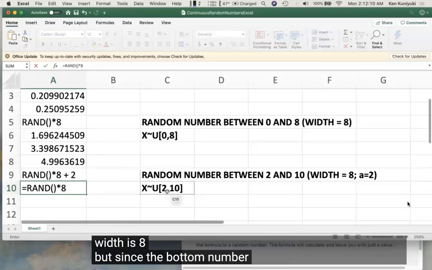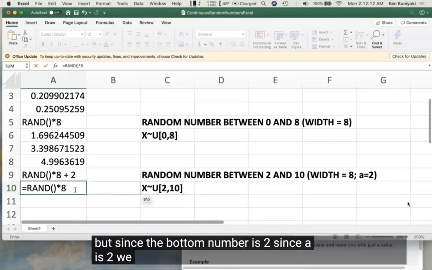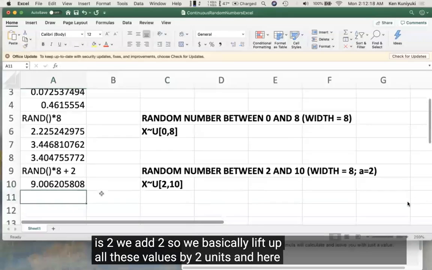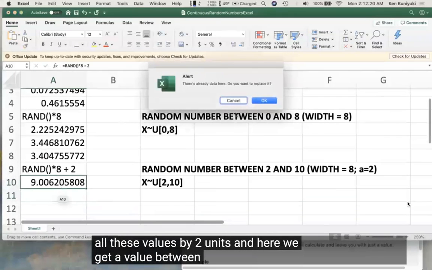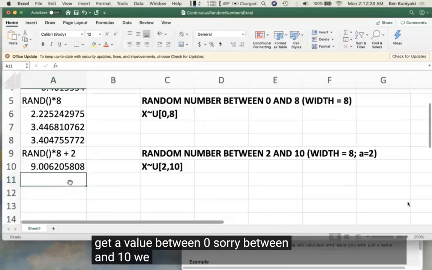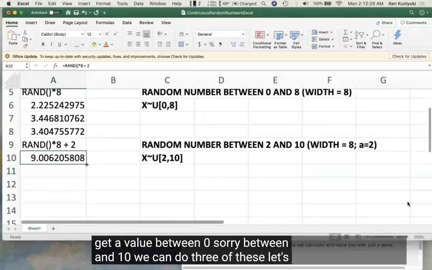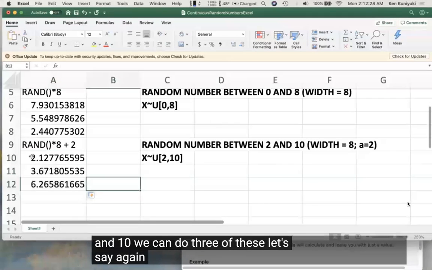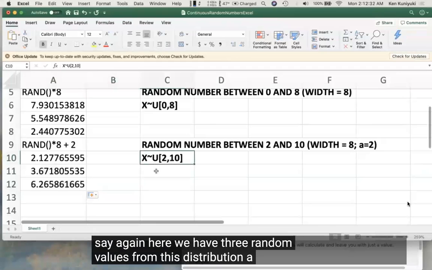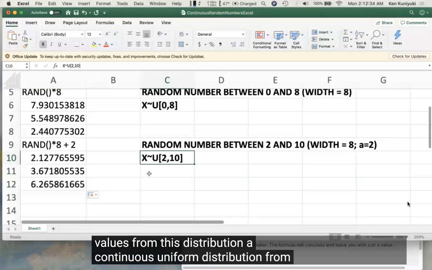But since the bottom number is 2, since A is 2, we add 2. So we basically lift up all these values by 2 units. And here we get a value between 2 and 10. We can do 3 of these, let's say. Again, here we have 3 random values from this distribution, a continuous uniform distribution from 2 to 10.